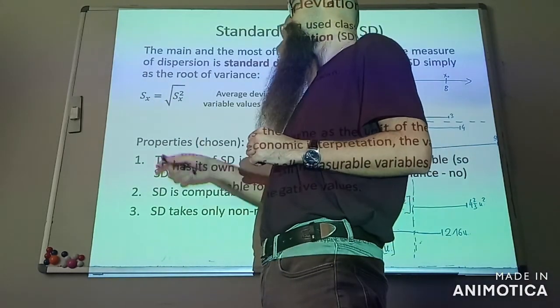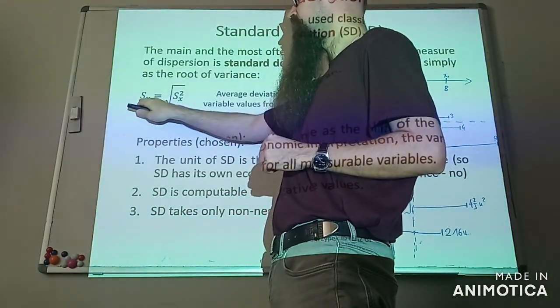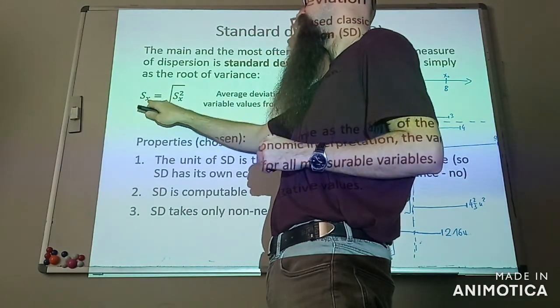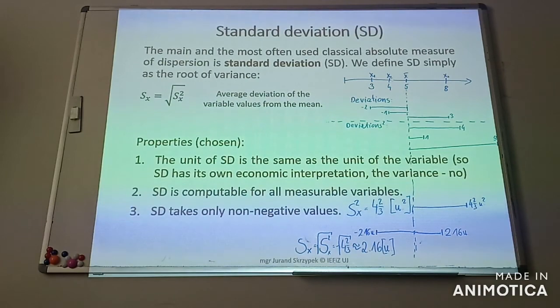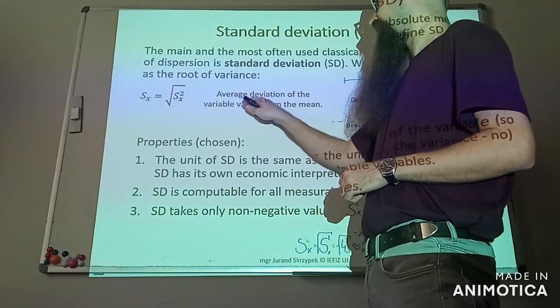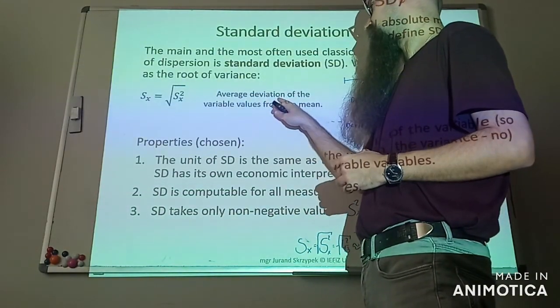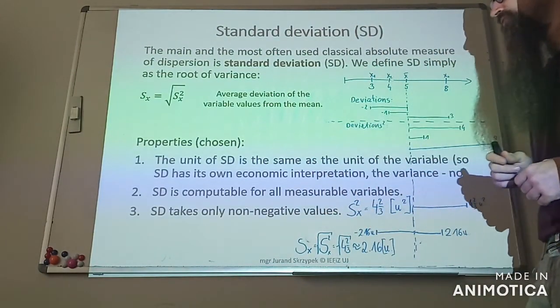This is the symbol of standard deviation: the symbol x with a subscript that indicates the considered variable. And this measure expresses the average deviation of the variable values from the mean.